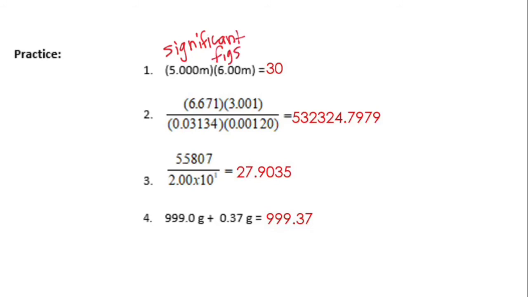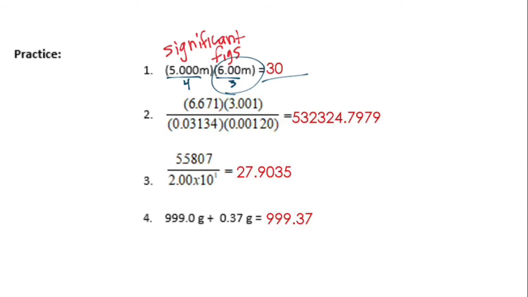We need to count the significant figures in our original numbers. This has 4, this has 3, and then we need to keep the least number of significant figures in our answer. So we need to make our answer have 3 sig figs.